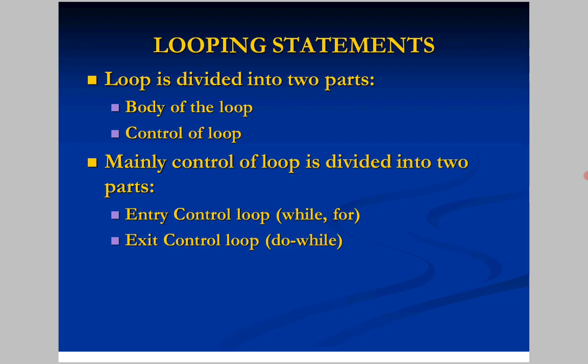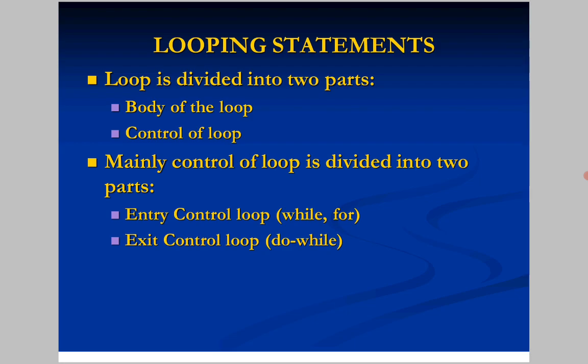Loops have two parts: body of the loop, and control of the loop. Body of the loop contains the set of statements or a block of statements. Control of the loop means the condition given.